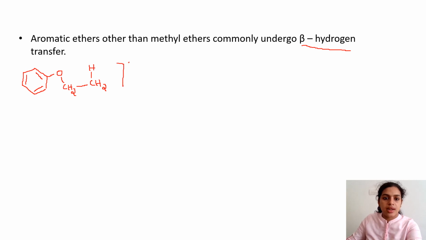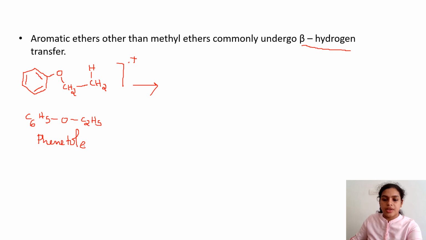So this is the molecular ion, nothing but C6H5OC2H5, ethyl phenyl ether, otherwise known as phenetole. Now see the fragmentation.